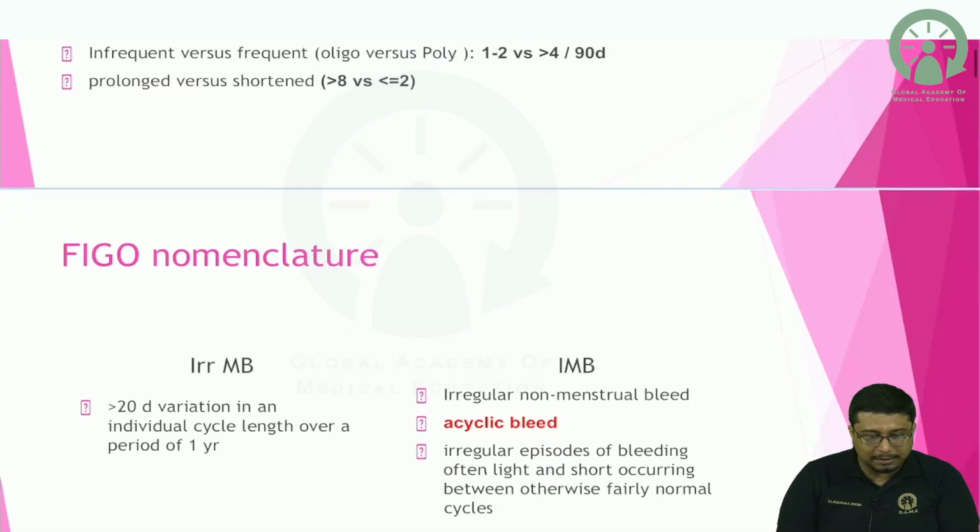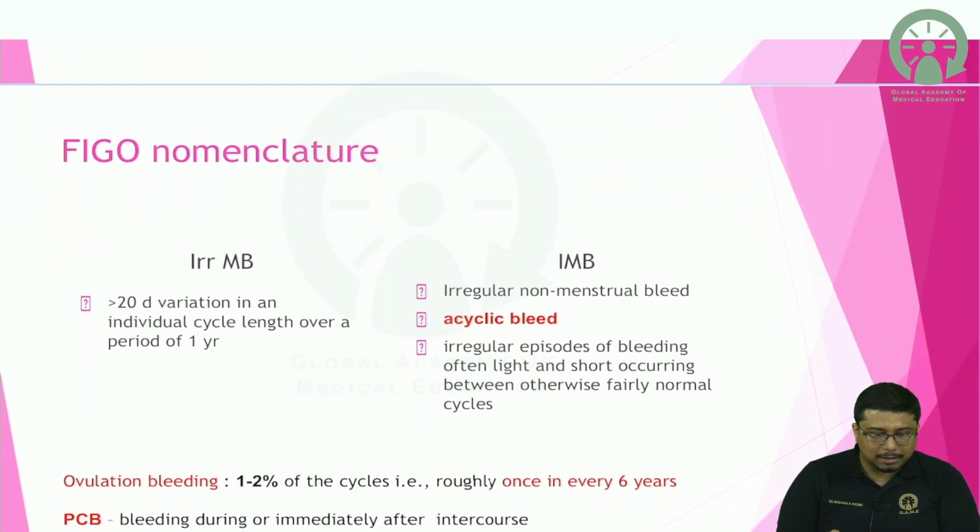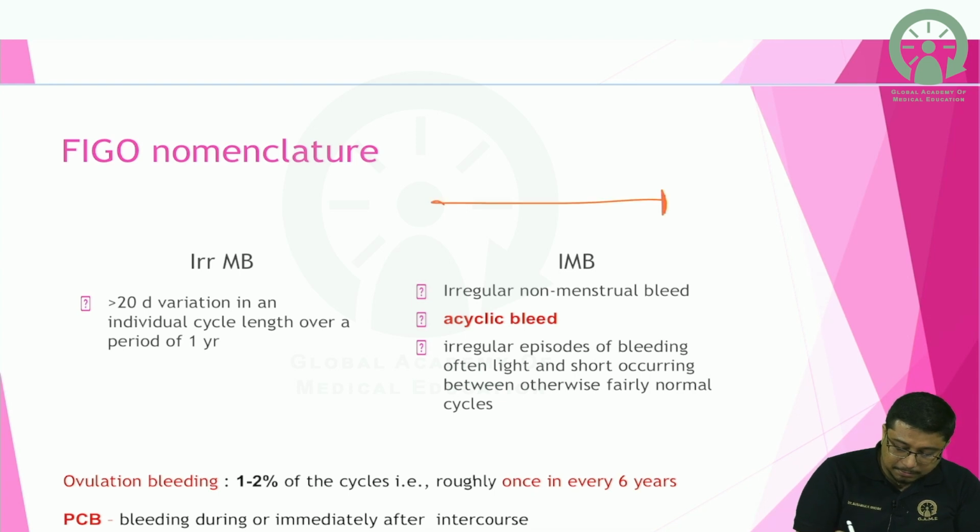So these are the new nomenclature terms that you should know. There is irregular menstrual bleeding, which is more than 20 days variation, and intermenstrual bleeding, INB, which is not like menstruation: this is one menstruation, this is another menstruation.